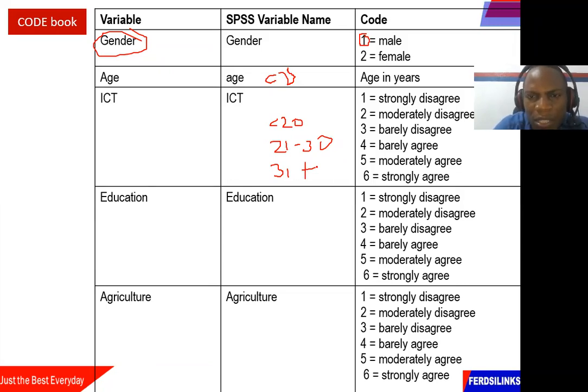What you'll notice is that now you can assign codes. For instance, less than 20, I'll give the value 1. 2 will be for this category, and 3 will be for this category. So you discover that your variable now changes from a continuous variable to a categorical variable, right?